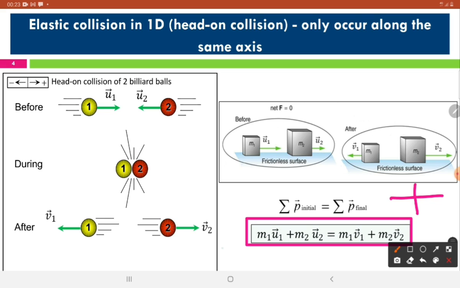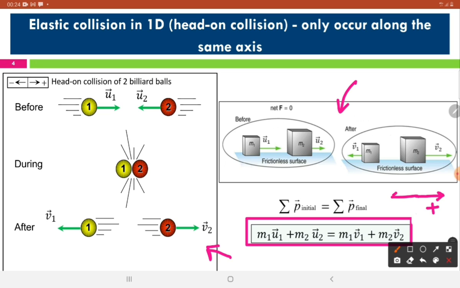By referring to this movement of 2 billiard balls, or you can refer also to this diagram, both objects actually travel along the x-axis. So the standard sign convention, if the object's initial and final motion, or after collision, travel along x, you can assume that for rightward motion, the value of u and v is positive.